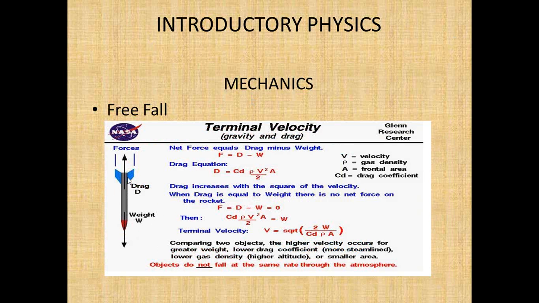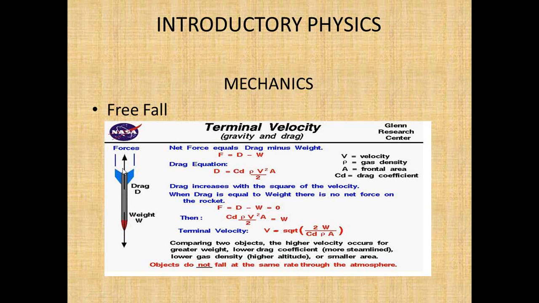And then the air resistance and all of that, which is pulling it upwards, we call that the drag force. But the net force pulling the rocket downwards is the difference between these two forces: the weight pulling it downwards and the drag force pulling it upwards.